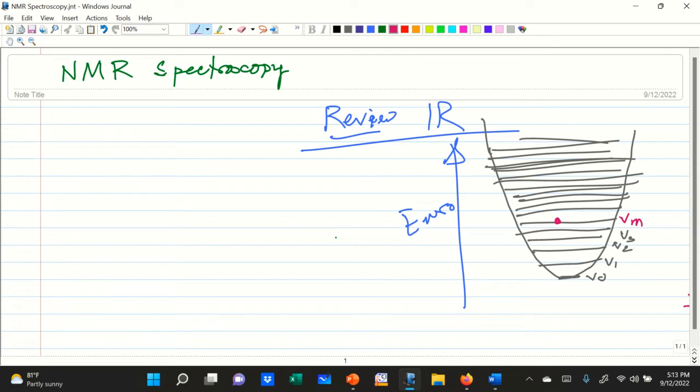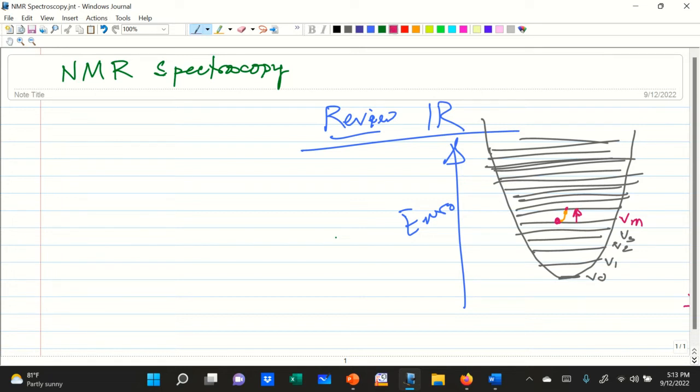And then the idea is that a vibrational transition is possible, meaning the molecule can vibrate at a higher energy if the molecule absorbs the exact amount of energy.